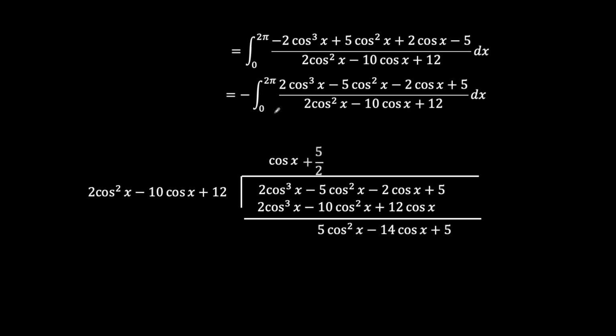And then if you multiply the divisor by 5 over 2, we get 5 cosine squared x minus 25 cosine x plus 30. When you subtract that from the difference we got previously, we get 11 cosine x minus 25.